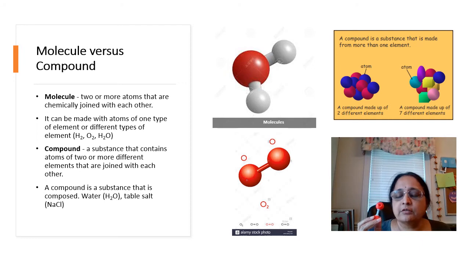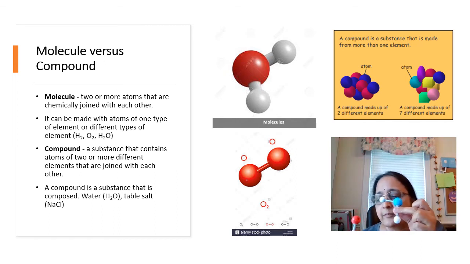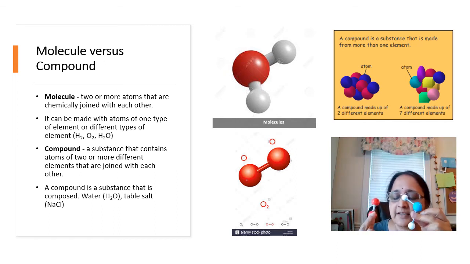This oxygen molecule is made of 2 atoms of oxygen. So the type of atoms is only one. Do we call this one a molecule? Yes. Whether it is oxygen, or whether this is a water molecule, in both cases we call these two molecules.